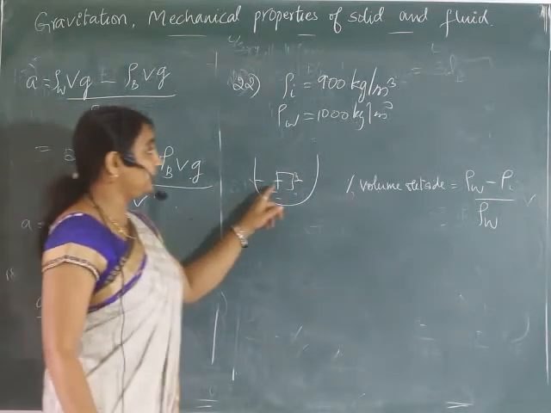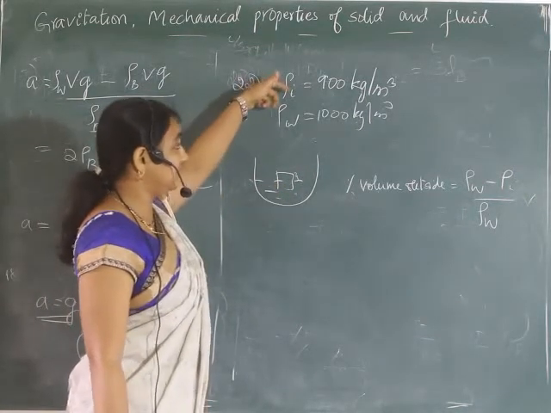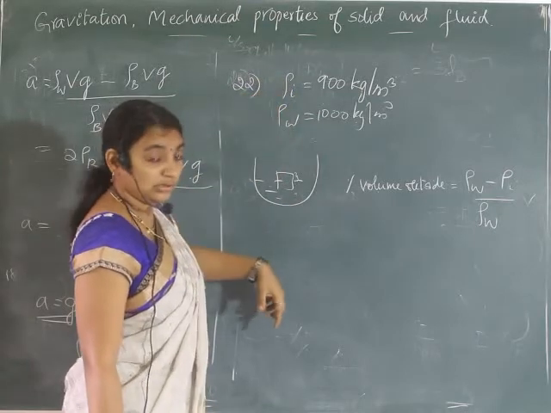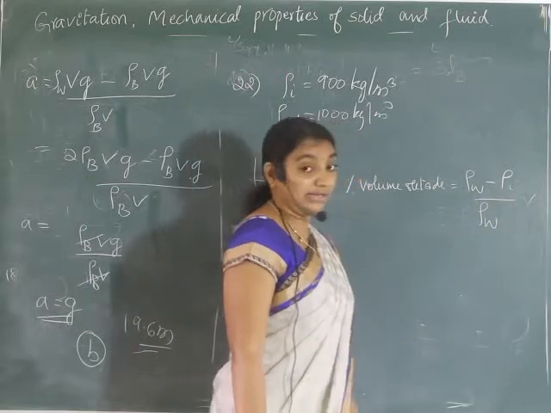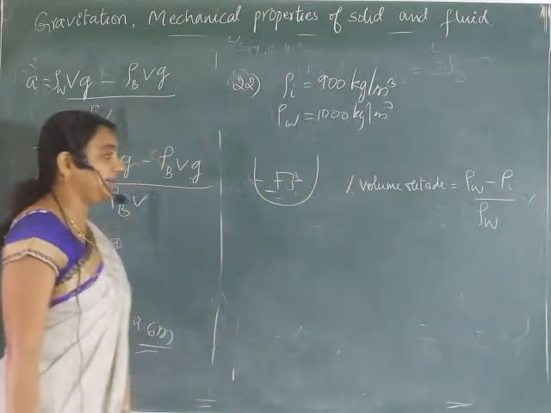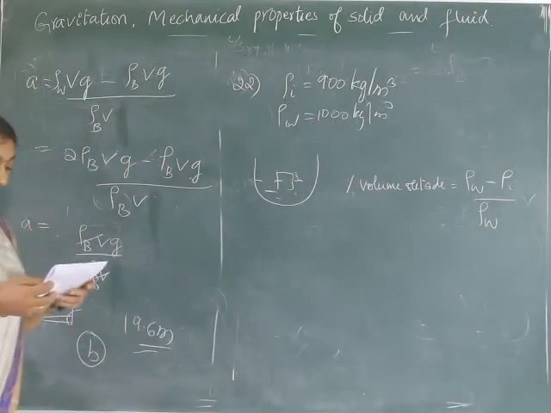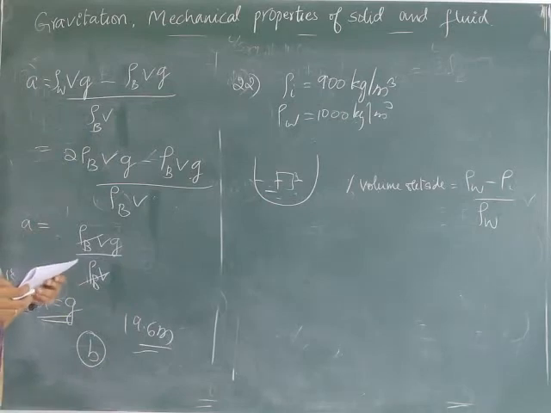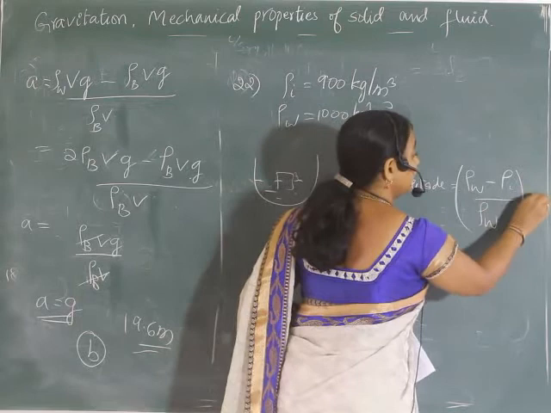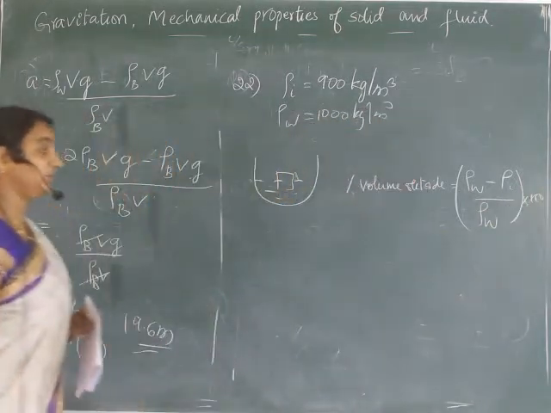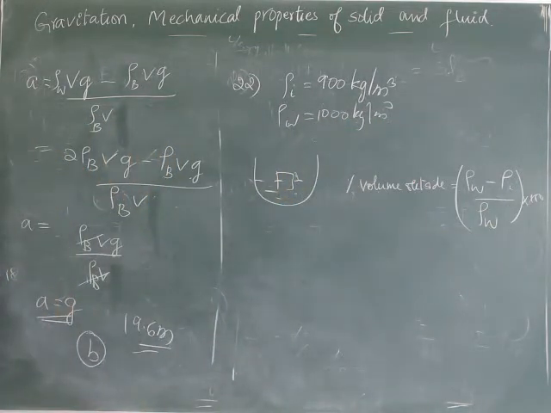Since the density of water is more and ice is less, ice will float. So what is the change in their density, divided by the density of water? If we take that ratio, that will give you the fraction of volume. Multiply by 100, it will give you the percentage of volume of ice outside the water.